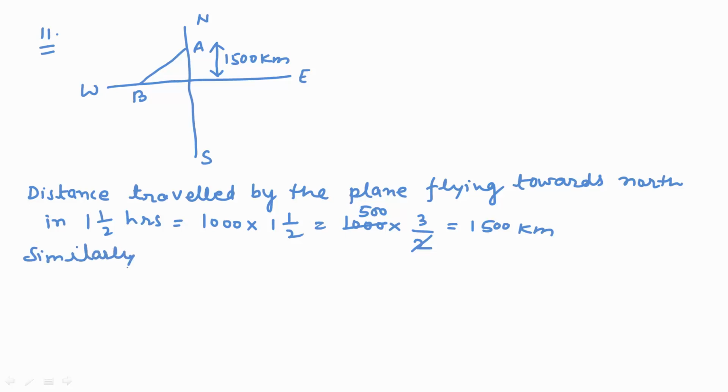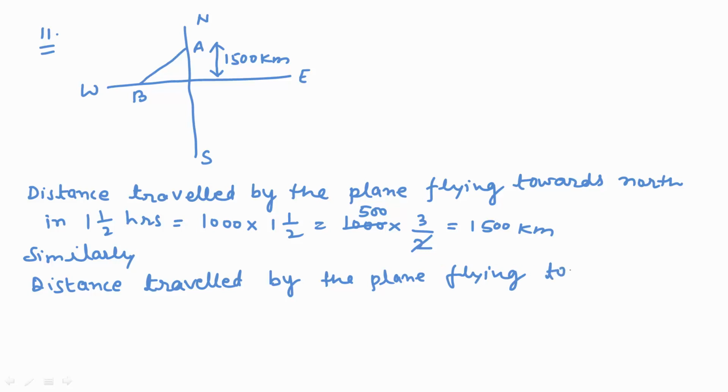And similarly, the distance traveled by the plane flying towards west in 1.5 hours is equal to, towards west the speed of the aeroplane is 1200 km per hour.